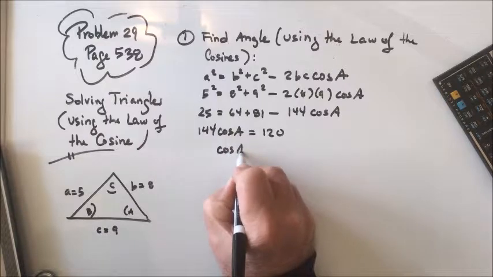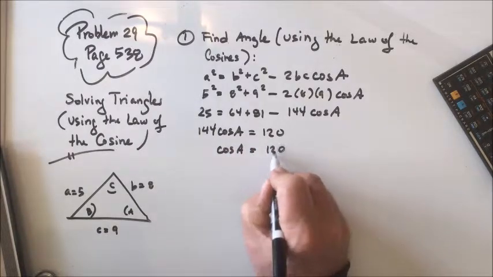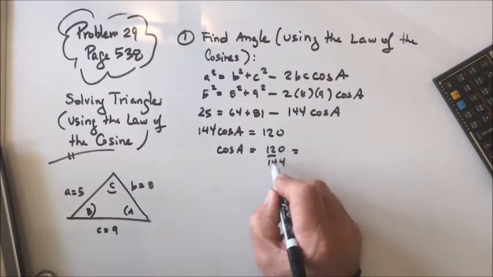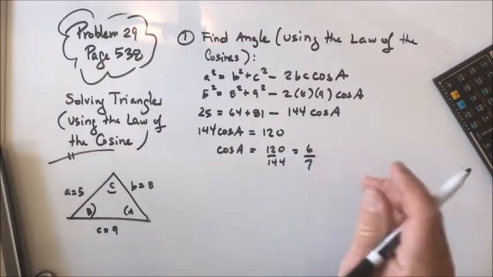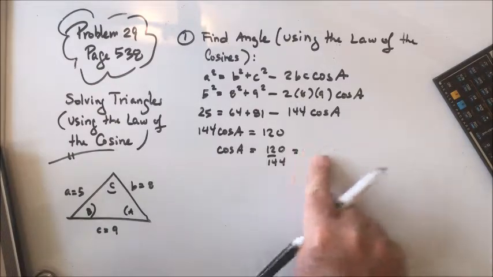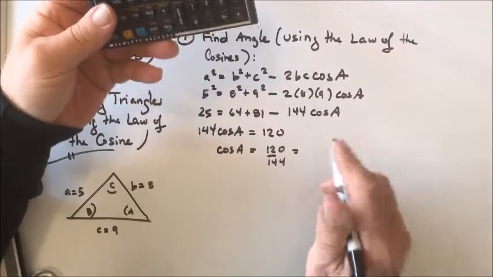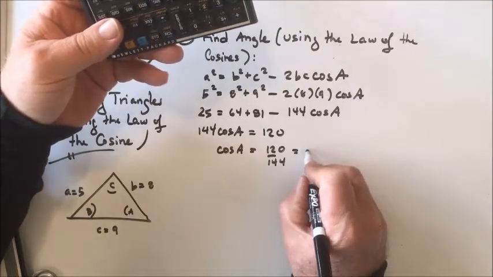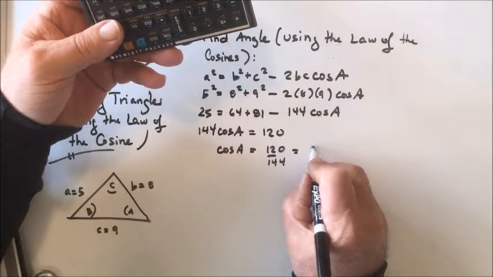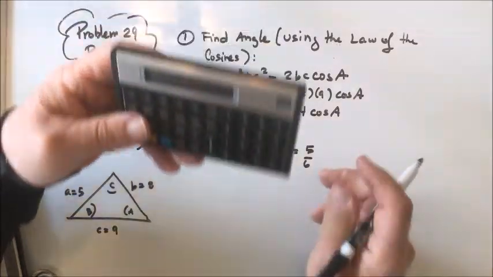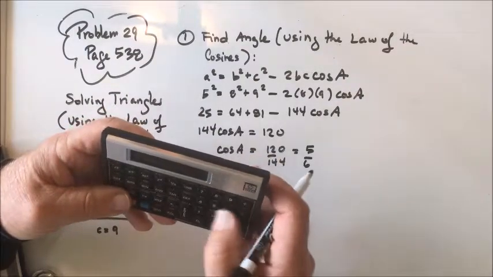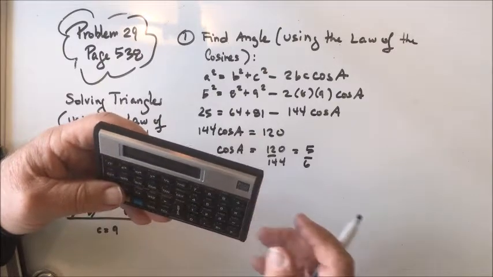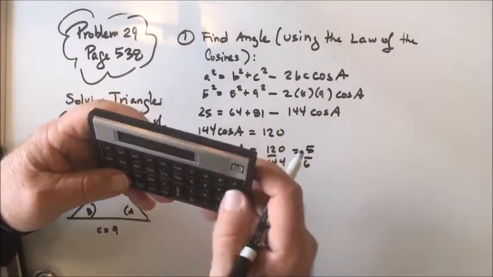So cosine A is equal to 120 over 144. Nope, that's not 6/7. Never mind. It's equal to 60 over 72, 30 over 36, 15 over 18, 5 over 6. So 5 enter, 6 divide.